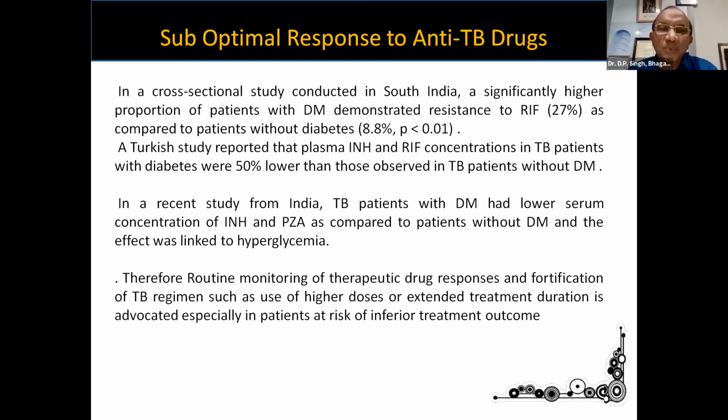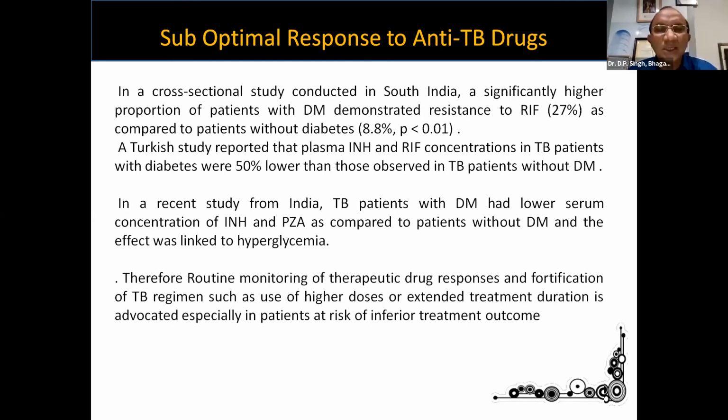Similarly, it was also shown in another study that INH and PZA also have lower serum levels when treated with diabetes mellitus. Therefore, routine monitoring of therapeutic drug response and fortification of the TB regimen should be done.